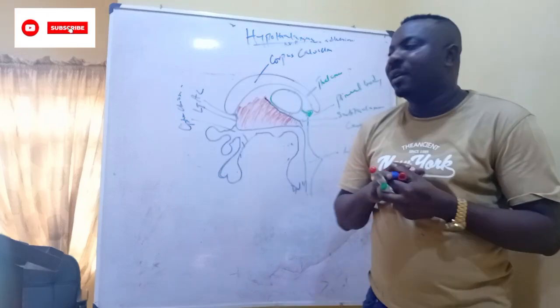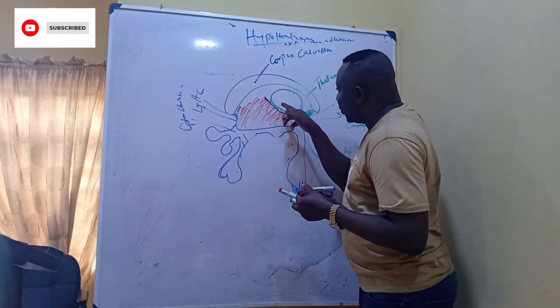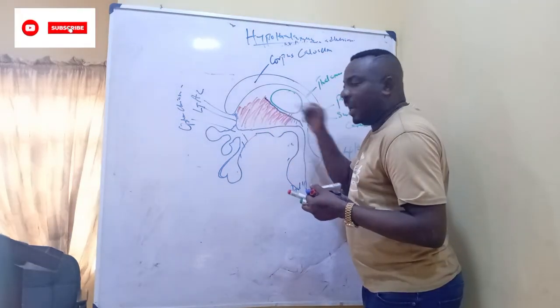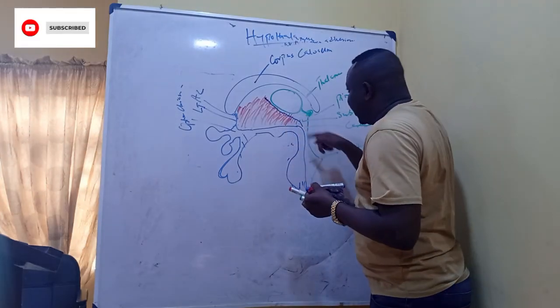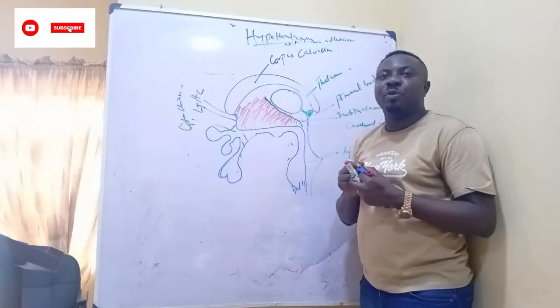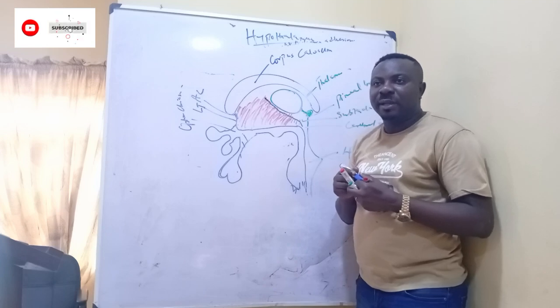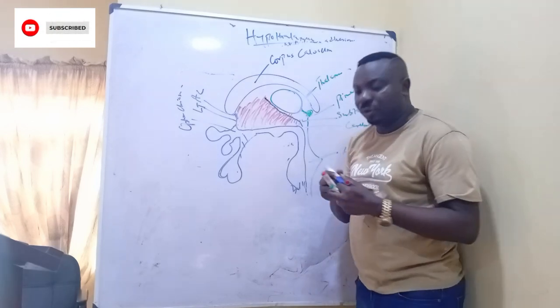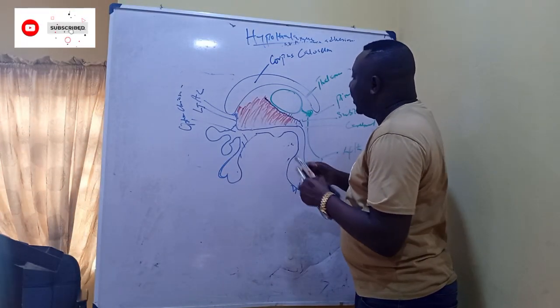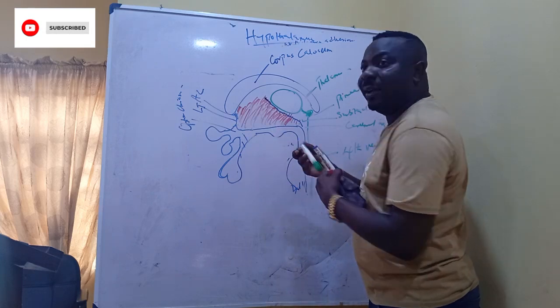Are you there? There's a sulcus that separates the hypothalamus from the thalamus. What is this sulcus? It is called the hypothalamic sulcus. Right?